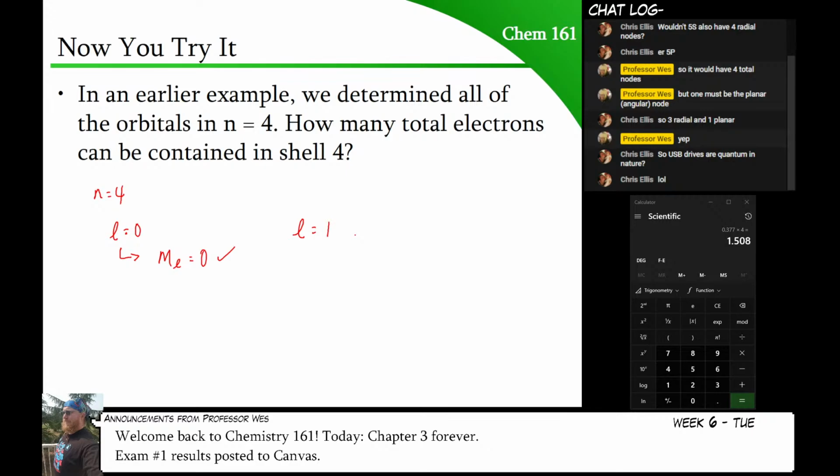How many total electrons can you put in n equals 4? So go find how many total orbitals you had, and then how many electrons are allowed per orbital using the spin quantum number added onto that.